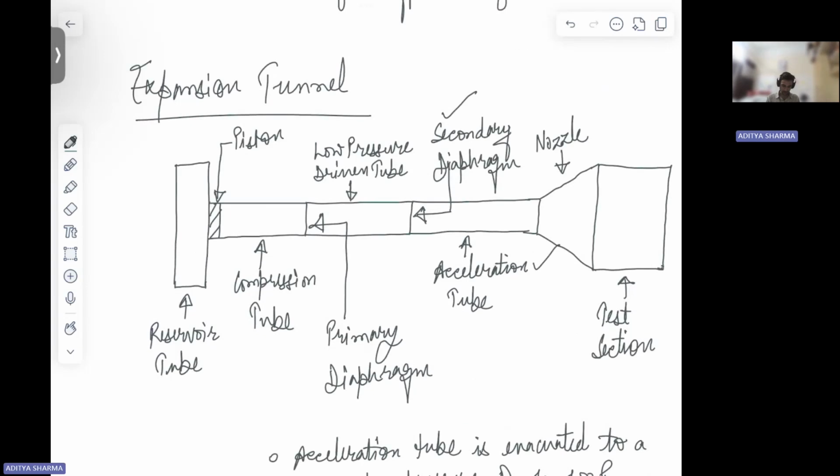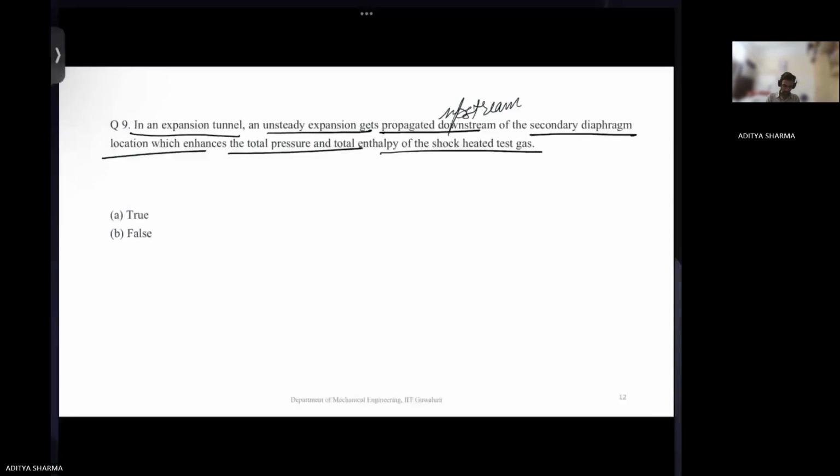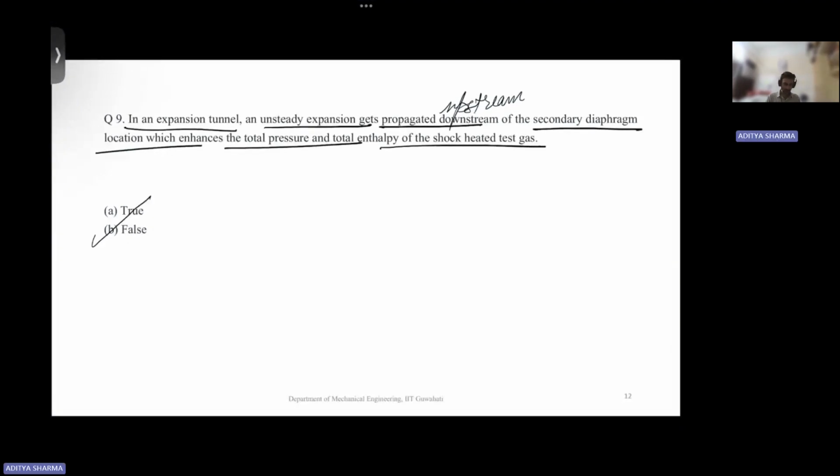The expansion wave will move upstream, not downstream, after the burst. Your shock is going to move in the downstream direction. So this becomes a false statement.